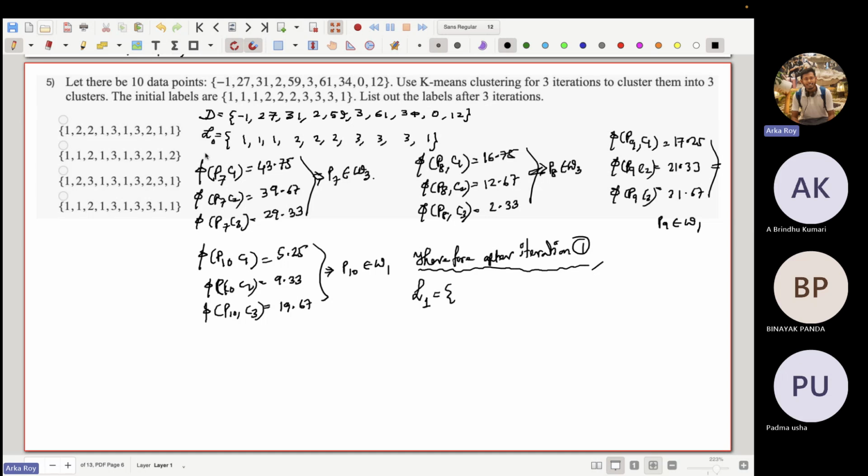Now, after iteration 1, the labels have changed and the current label order is 1, 3, 3, 1, 3, 1, 3, 3, 1, 1. You can observe this from here as well. The last four I can just show you from here: 1, 1, 3, 3.